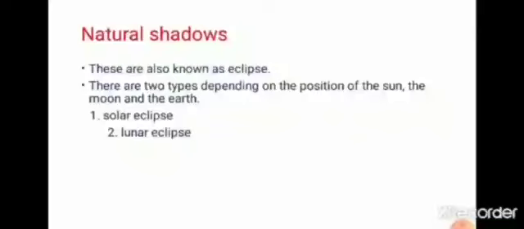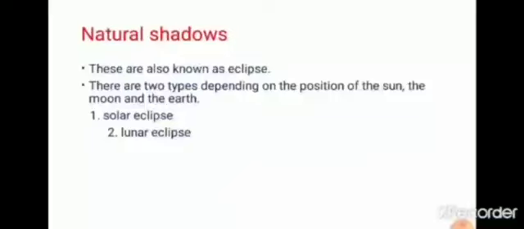During the course of their movement, the sun, the earth and the moon come in the same straight line in the same plane. When this happens, either the earth casts its shadow or the moon casts its shadow. The shadows cast by the earth and the moon are called eclipses. Thus, eclipses are also known as formation of shadows in nature.